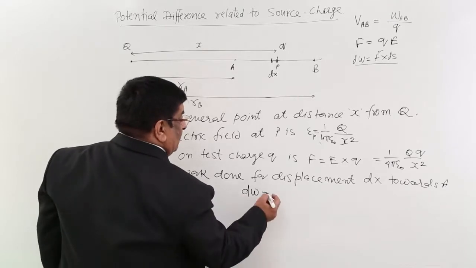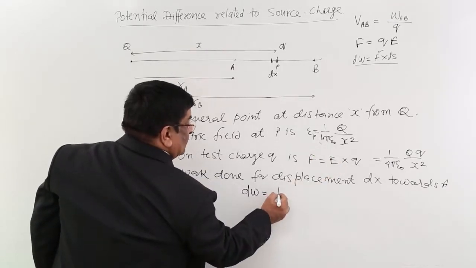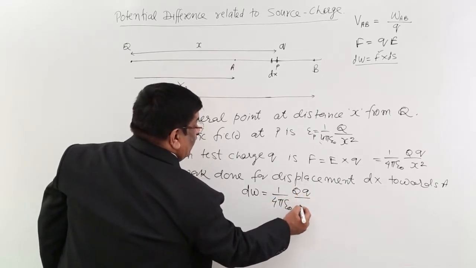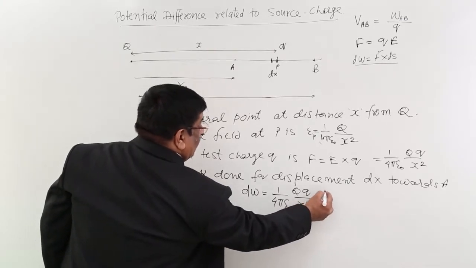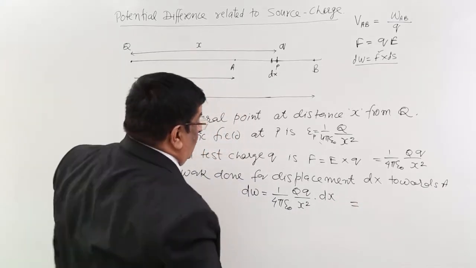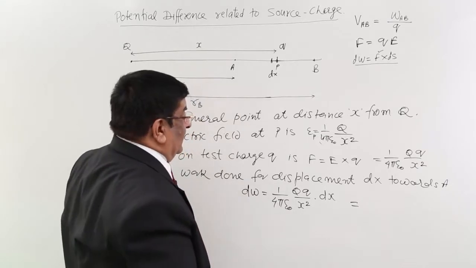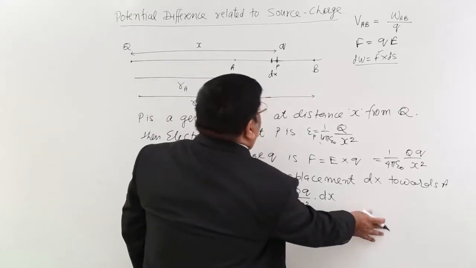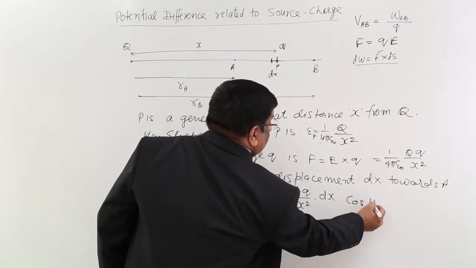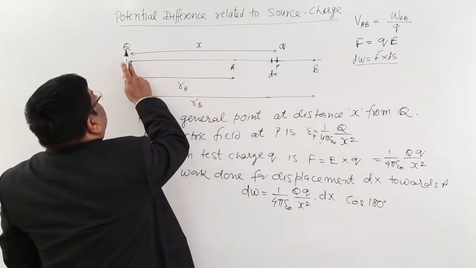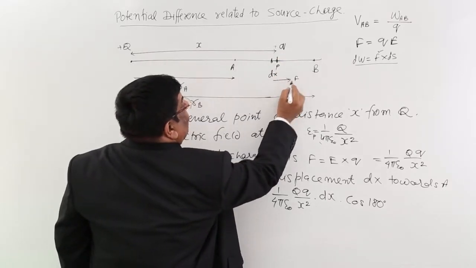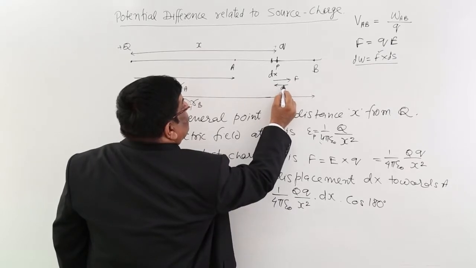So this dw is equal to force, 1 upon 4 pi epsilon naught, q upon x square, multiplied by dx into cos 180, because this force due to plus q on plus q is in this direction, and I am doing dx displacement in this direction.